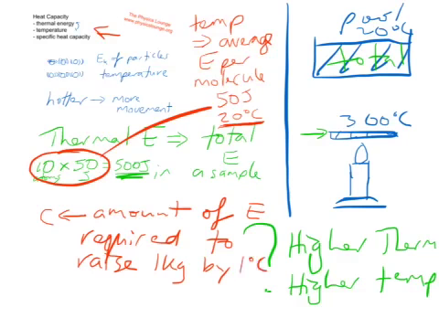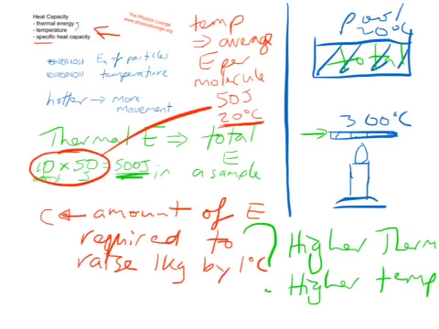So we want to increase the temperature of a 1 kilogram block of aluminium by 1 degree Celsius. We'll have to put in a certain amount of energy to do that, and that's what this heat capacity, or specific heat capacity, is.